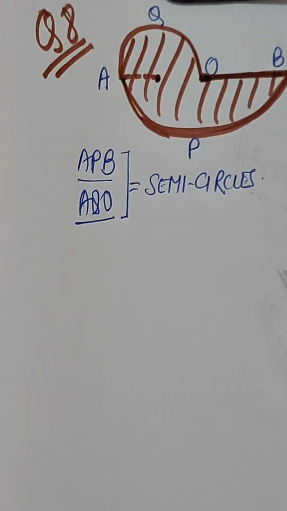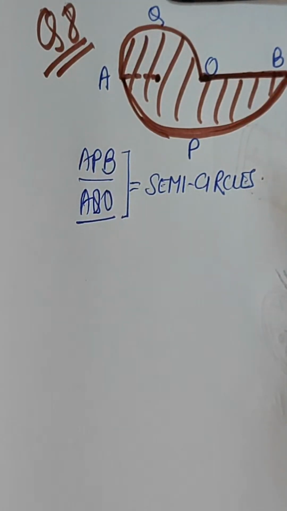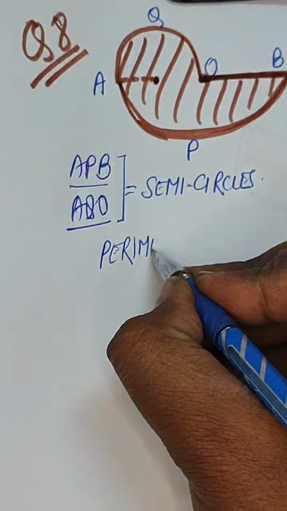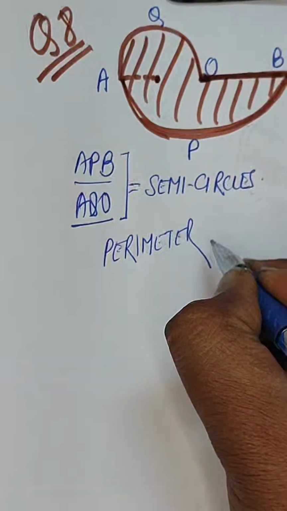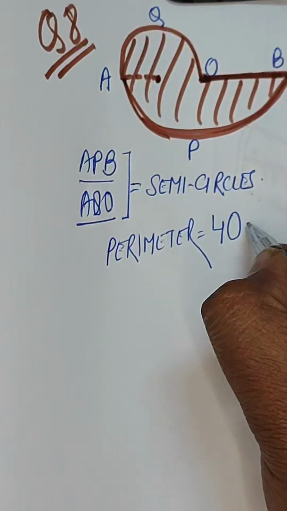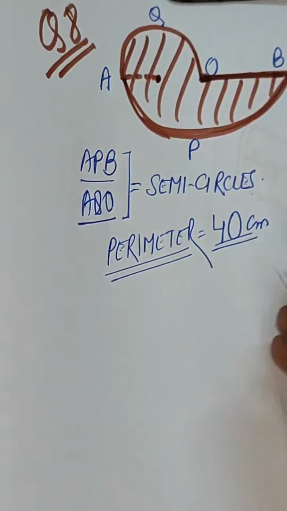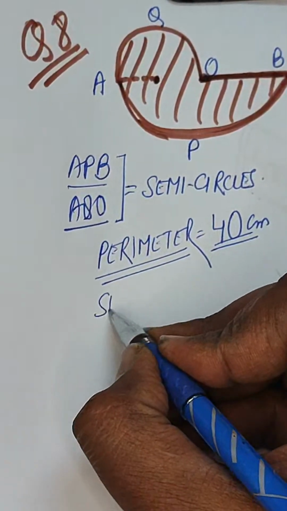Now, my dear friends, these are the semicircles, and it's given to find the area of the shaded region if the perimeter of the figure is 40 cm. Now it's given that perimeter is equal to 40 cm. Perimeter is given as 40 cm, find the shaded area.